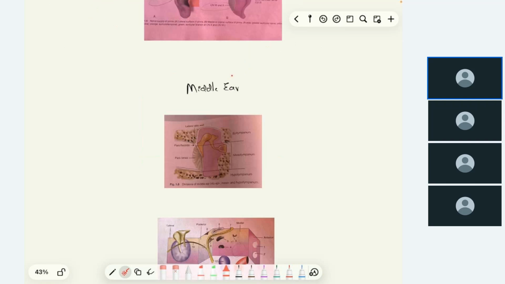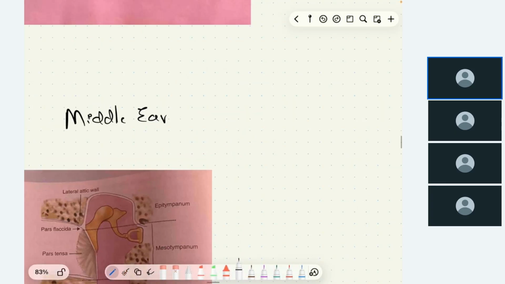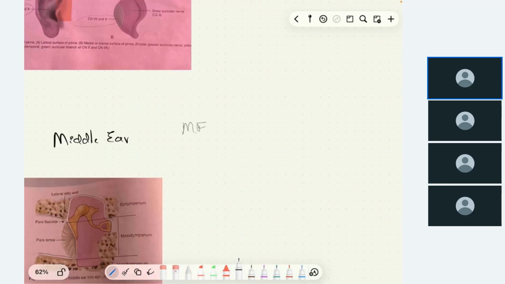Okay, then we'll proceed to the next most important topic, that is the middle ear. Before that, in viva, the questioner often asks what the middle ear cleft is as a first question. The middle ear cleft is the eustachian tube, the middle ear, and the mastoid air cells.